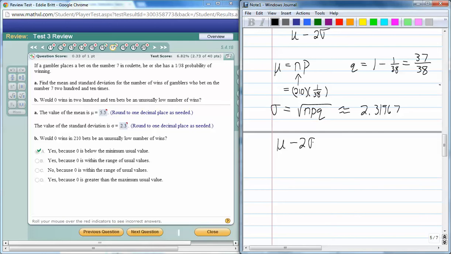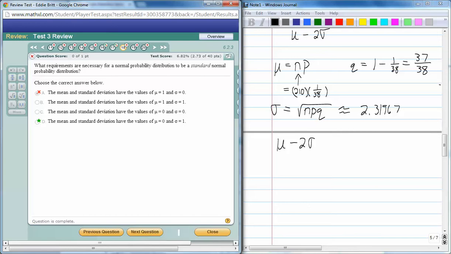That's the minimum usual value. 0 is going to be less than that, because 0 is no wins. So you'll never get a negative number when you find a minimum value on a problem like this. But if you just want to do it, feel free to. But yes, that is unusual because 0 is below the minimum usual value.